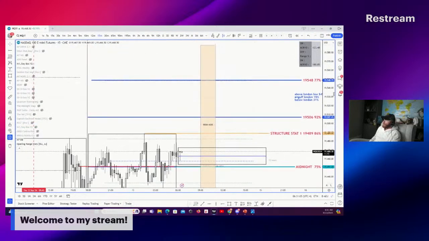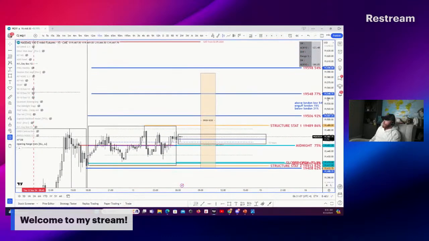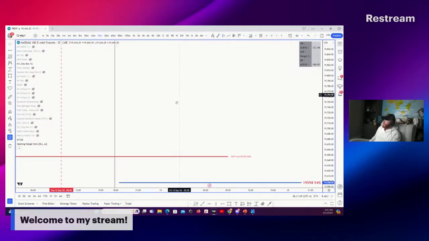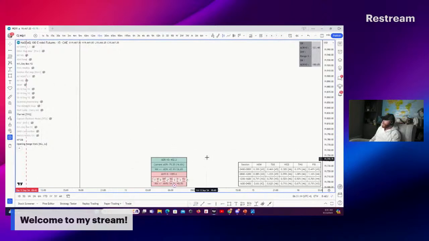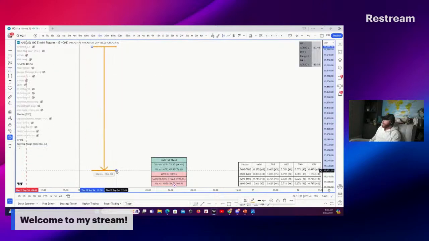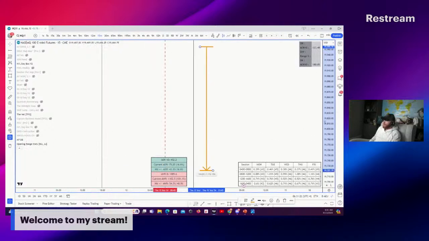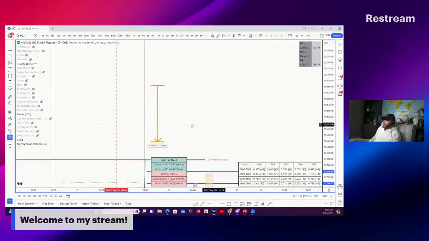So now we're going to do our daily distributions, right? So if we know that our average 10-day range is 452, we'll draw that out. Damn, we have not moved at all today.